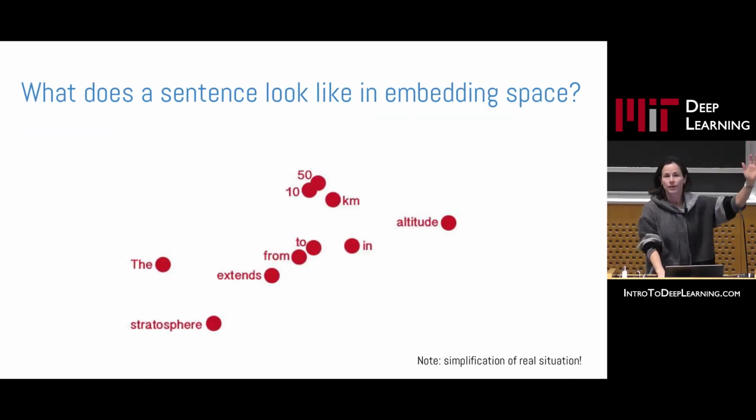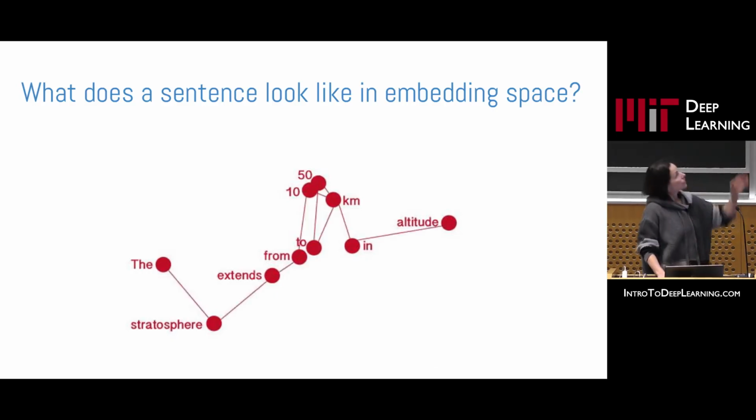It looks like a bunch of points where some points are going to be closer together, like the 10 and the 50, maybe, because they're both numbers. So again, location has a specific meaning here in high-dimensional space. And then what we do with the visualization is we connect these dots. And so that is my sentence in high-dimensional space. It's the path of my sentence.